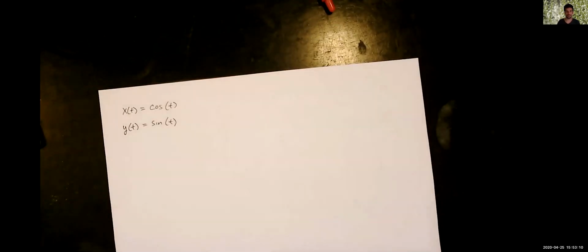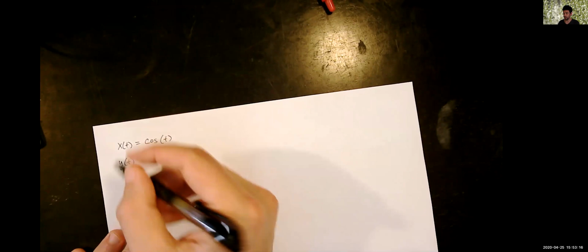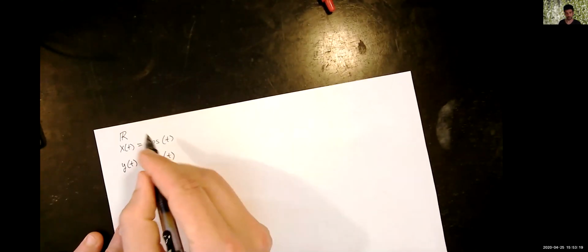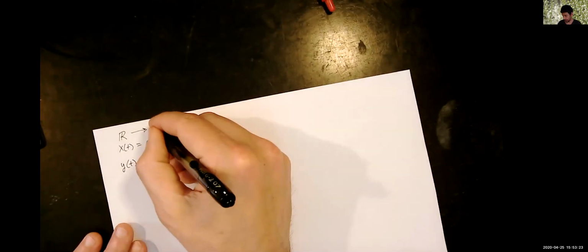And I'm going to look at the following parametric equations. So we're going to look at x of t equals cosine of t, y of t equals sine of t, right? Remember what our parametric equations are. We're putting in a real number and we're spitting out a pair of numbers.